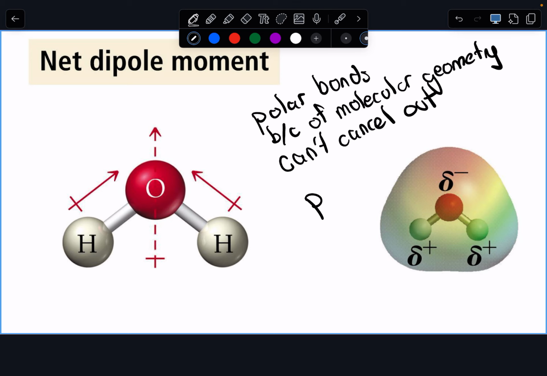So the molecule will be polar, meaning it appears to have these partial charges. Those still influence how it interacts in the world. And thank goodness, because this is one of the things that makes water so unique and is why we're alive.